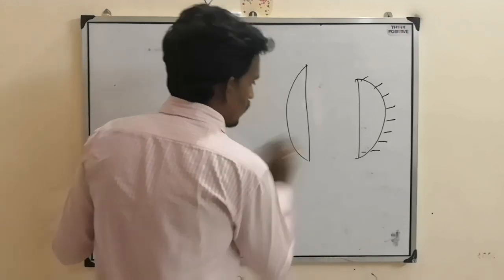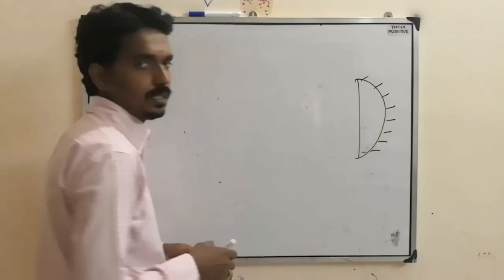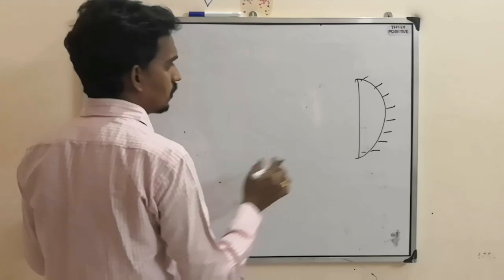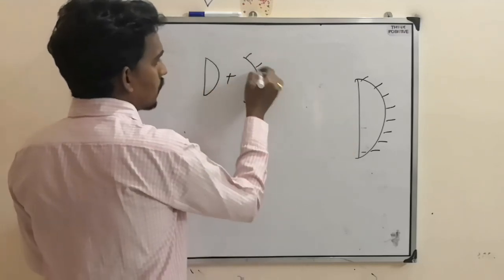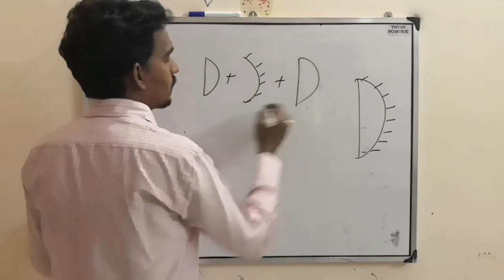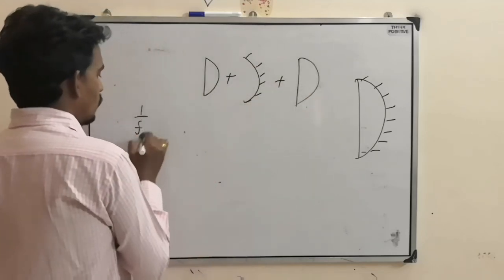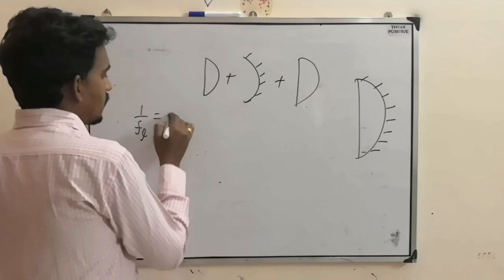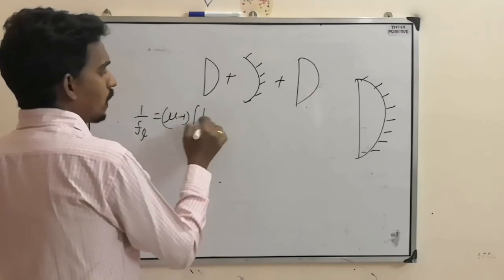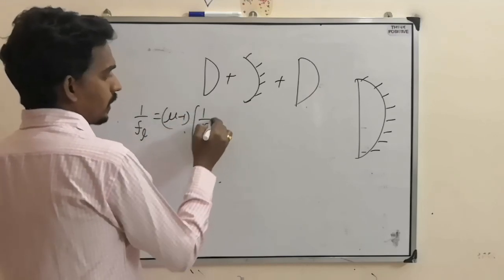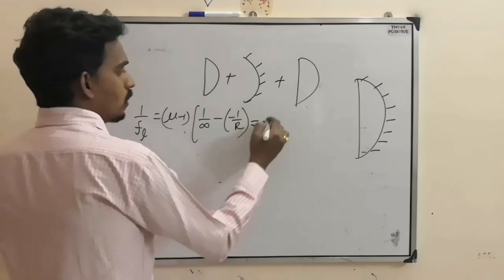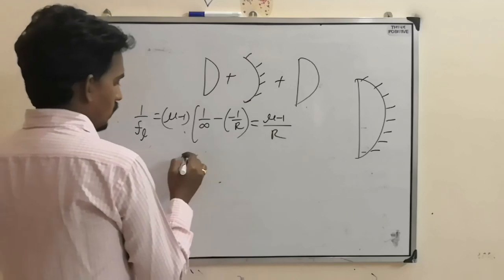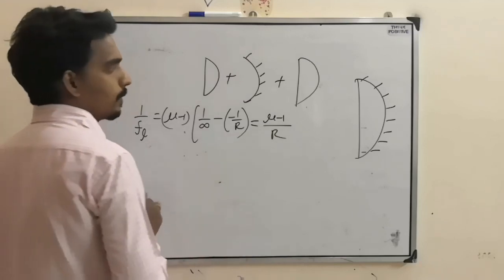Like, I will just explain one example. Suppose you take this one. Now here it is lens plus mirror plus lens. The focal length of the lens is (mu minus 1) into (1 by infinity minus 1 by R), so it equals plus (mu minus 1) by R; this is 1 by fl.